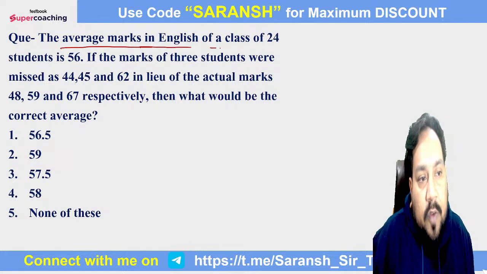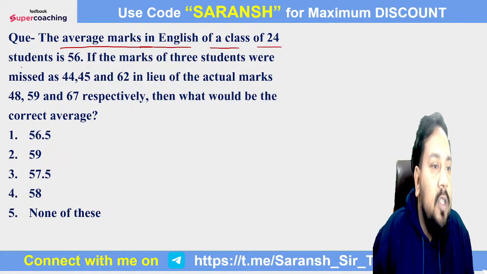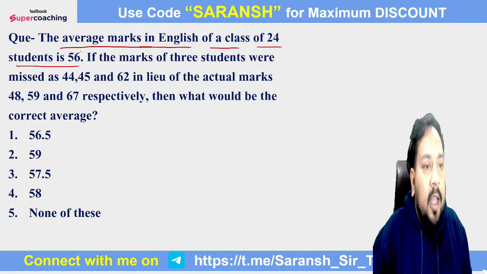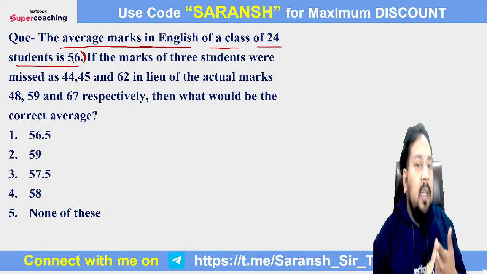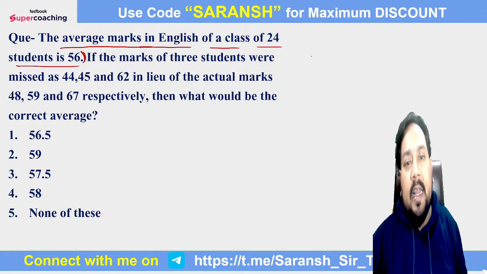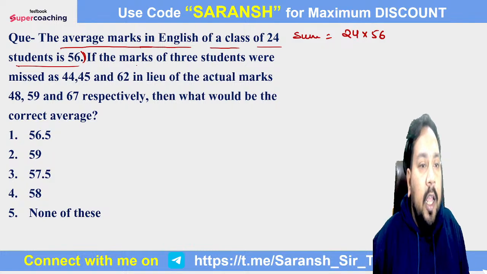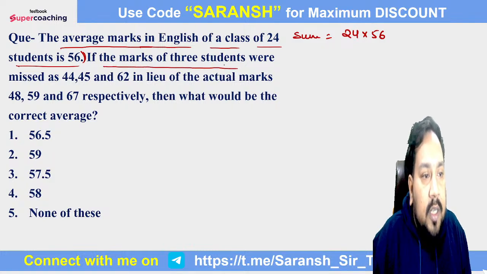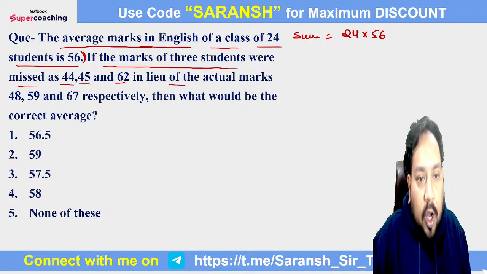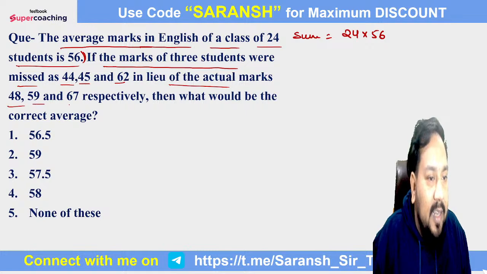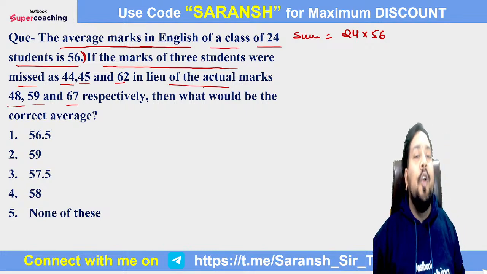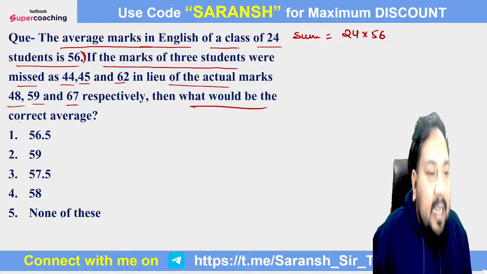The average marks in English of a class of 24 students is 56. When we see average and number of students, we can calculate the sum first. 24 into 56, that is the sum. If the marks of 3 students were misread as 44, 45, 62, instead of actual marks 48, 59, 67 respectively, what would be the correct average?